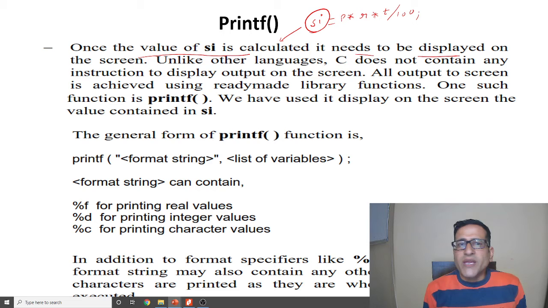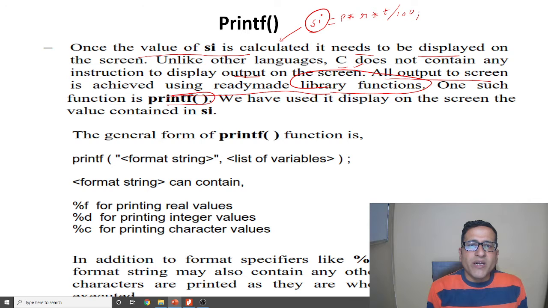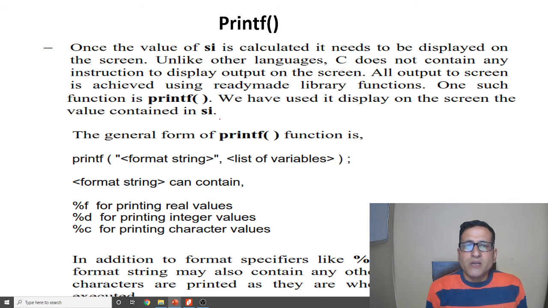For displaying, there is no output statement in the C language. All the outputs on the screen are achieved by using ready-made library functions. So printf is a ready-made library function.